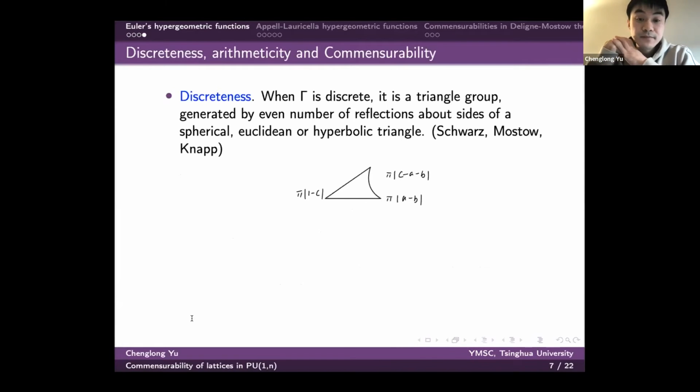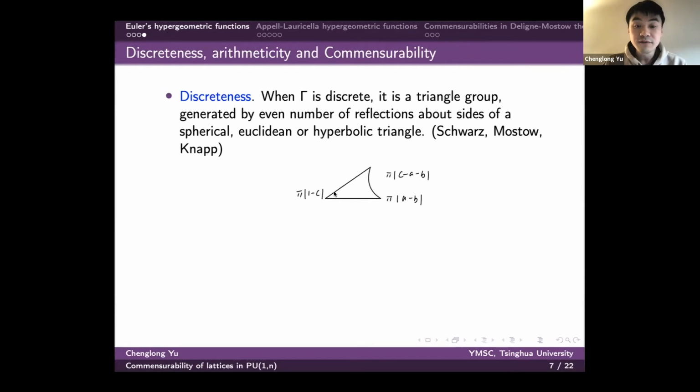Another property about monodromy we care about involves these 3 aspects. One is discreteness. When gamma is discrete, it's always a triangle group. So what is a triangle group? A triangle group can be realized as a group generated by reflections. You take a spherical triangle, Euclidean triangle, or hyperbolic triangle, and you take the group generated by an even number of reflections with respect to those 3 sides.